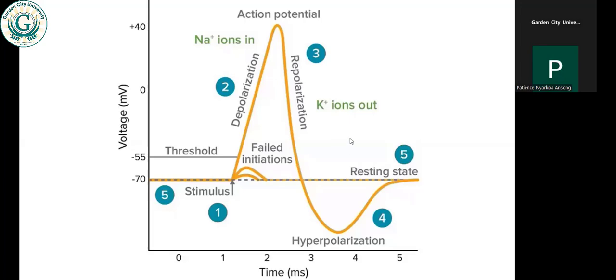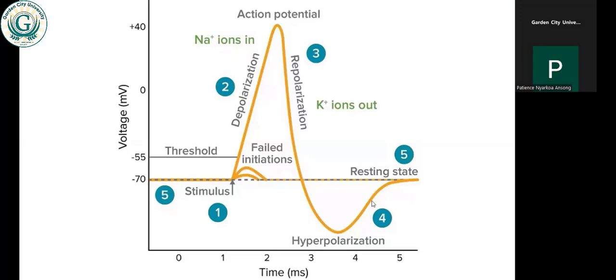Then we have repolarization, where we need to move back the membrane potential to its resting state so that this neuron can receive another signal. And this will happen when we move a lot of positives out, creating that negative environment. And that is repolarization. Mainly it's potassium ions that move through voltage-gated potassium channels out of the cell.